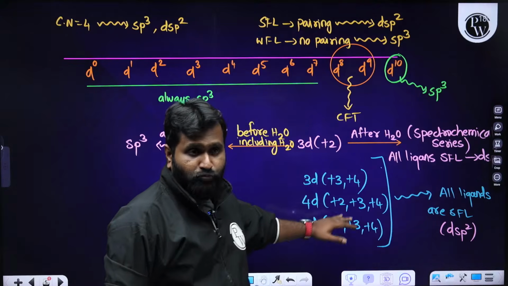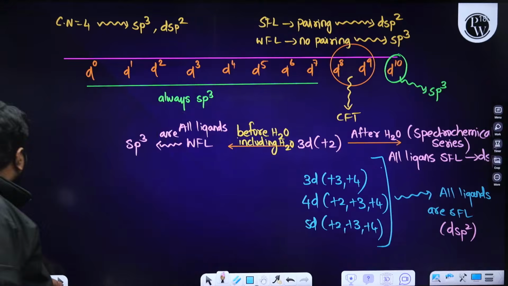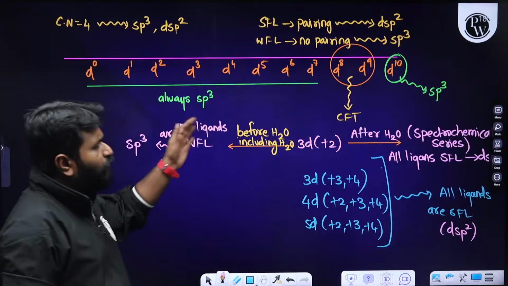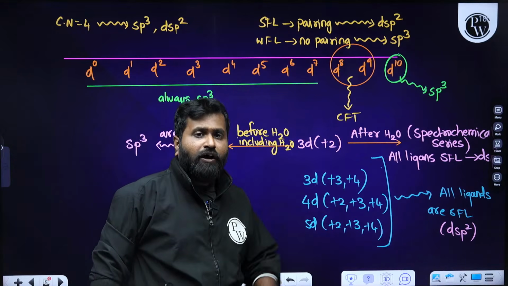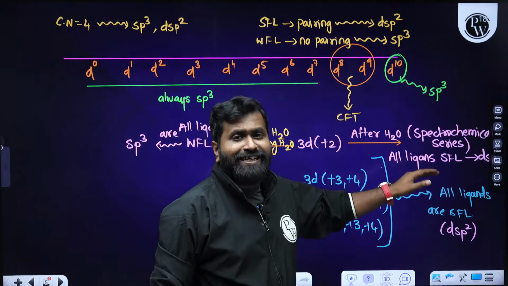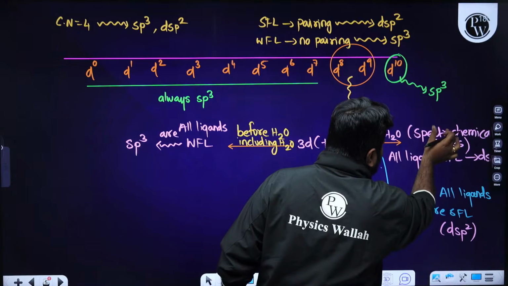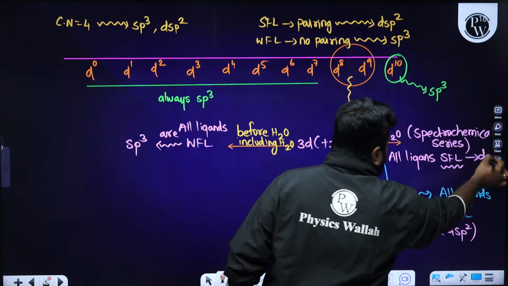So for +2 oxidation state, we check whether the given ligand CN is present before water or after water in the spectrochemical series. We all know very well, it is after water. So if it is present after water in the spectrochemical series, the ligand will be a strong field ligand.